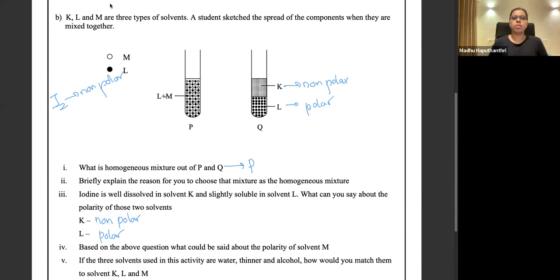Then what can you say about the polarity of M? M is polar, because we already know that L is polar. M is forming a homogeneous solution with L because M's polarity is compatible with L's polarity. Compatible means same. It's polar.